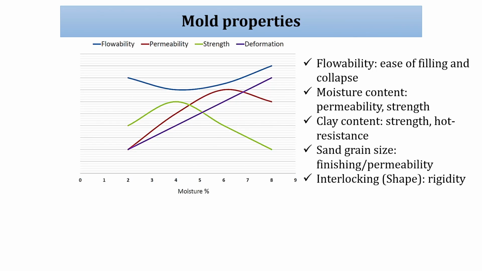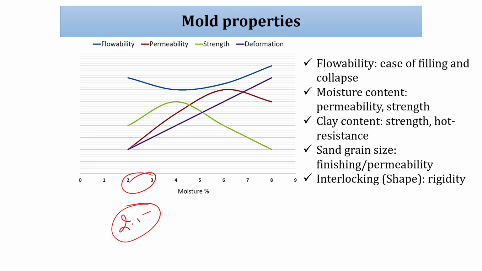Lastly, if you are making a mold, you have sand, you have some binder like bentonite with sodium or calcium base, fire clay, and you are adding some moisture, water. In general, 2 to 3% is the range, 2.5% is ideal. You may add 2 to 3%, 4%, 5%, 10% water.